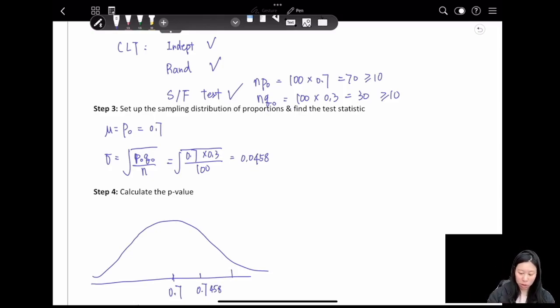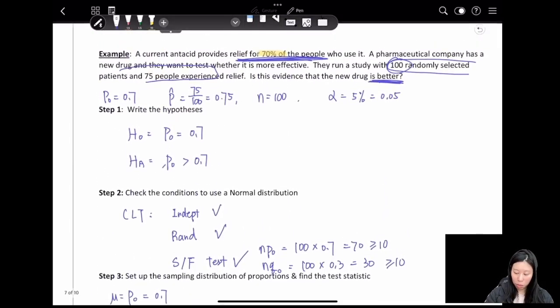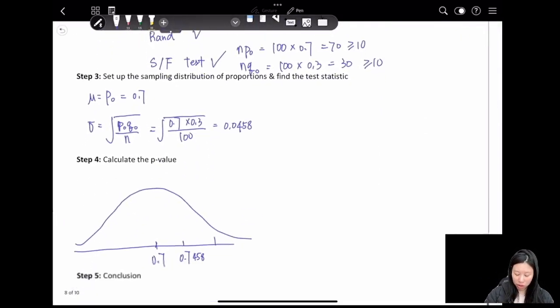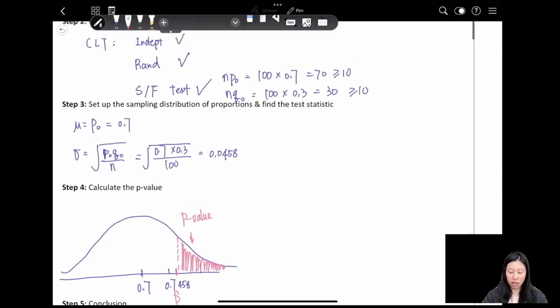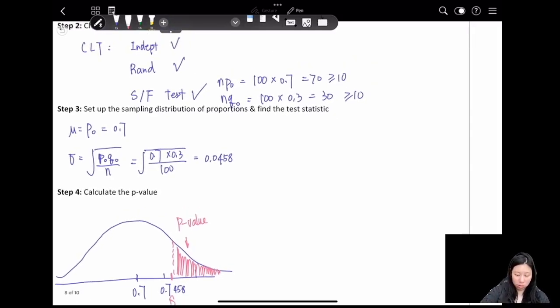So we know that our p hat is equal to 0.75, which is a little bit in here. So this is going to be our p hat. Our p-value should be the area of this part, right? So we'll talk about that later. Now let's get back to the test statistic.